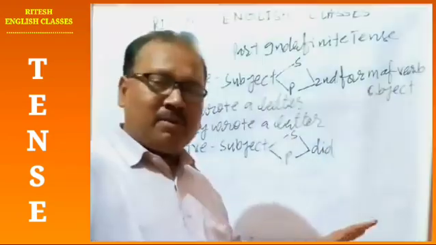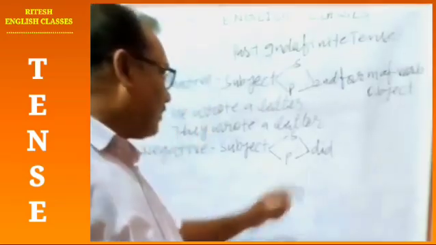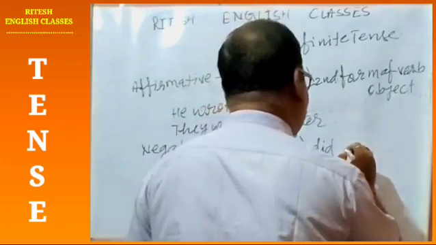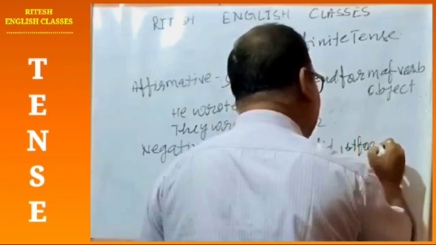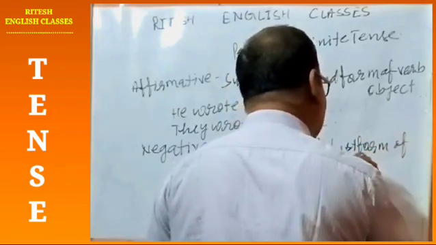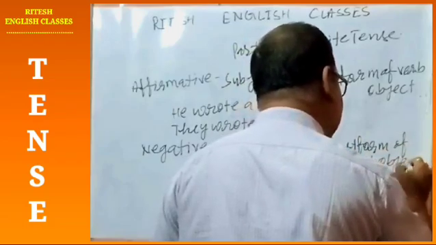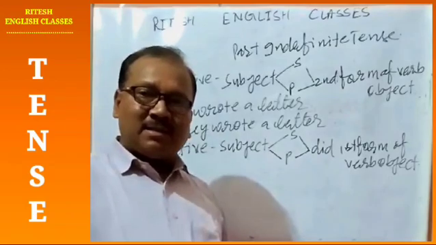Did will be used for both the singular and plural subject, and after that the first form of verb, and again object. Okay, this is the structure of a negative sentence.